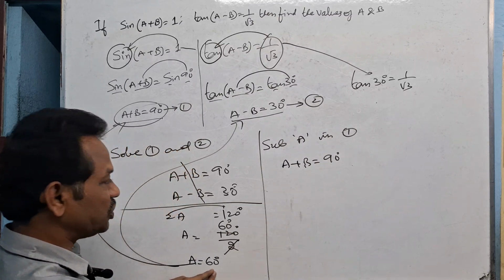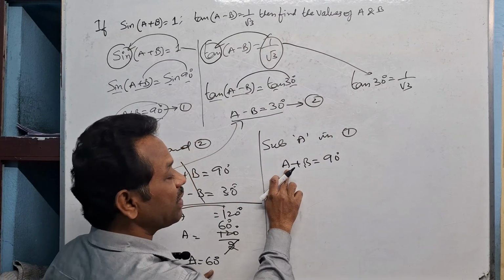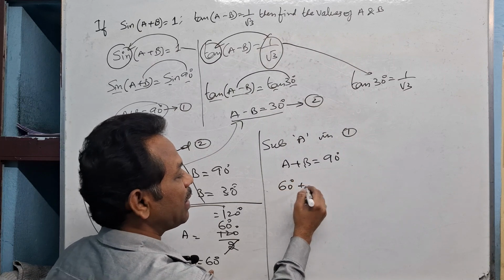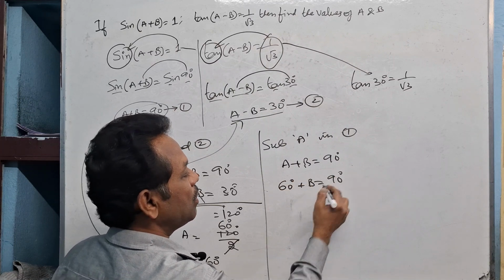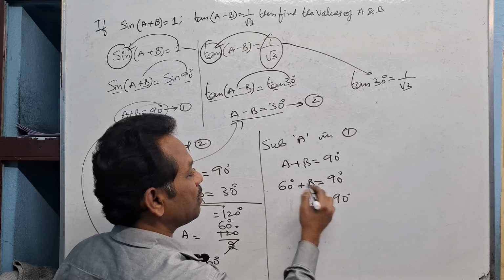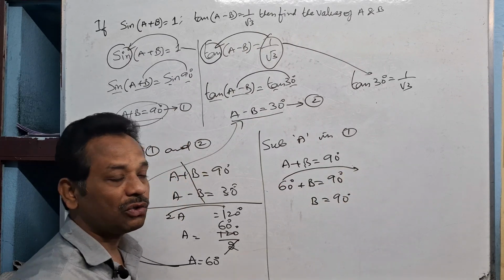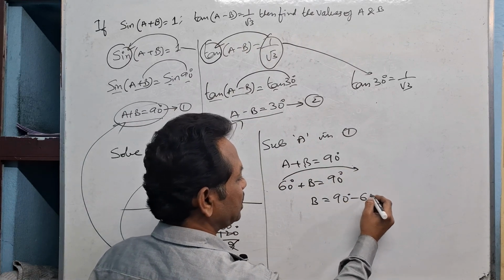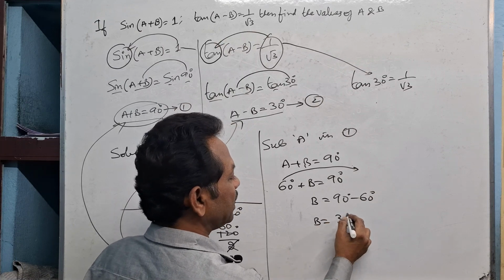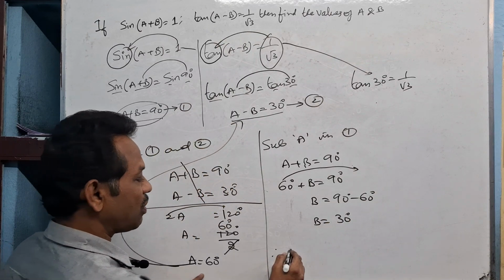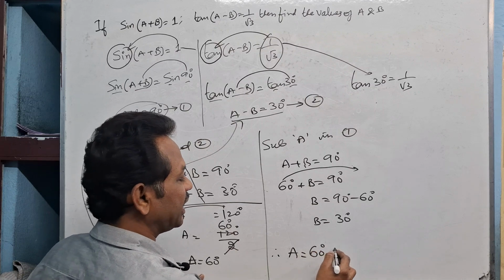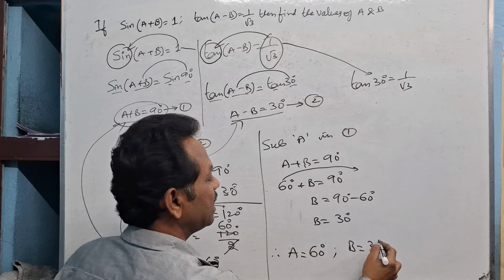The value of A is 60, so let me take 60 degrees in the place of A. 60 degrees plus B equals 90. So B equals 90, and now 60 is shifted to the RHS, so we get minus 60. So B equals 30 degrees. Therefore, the value of A is 60 degrees and the value of B is 30 degrees.